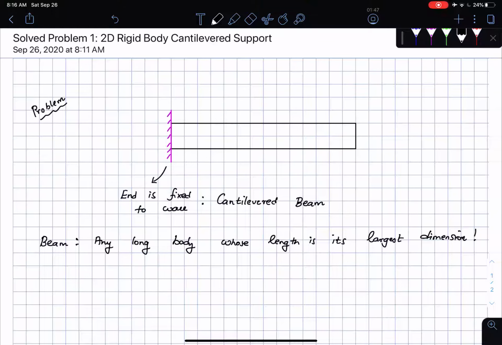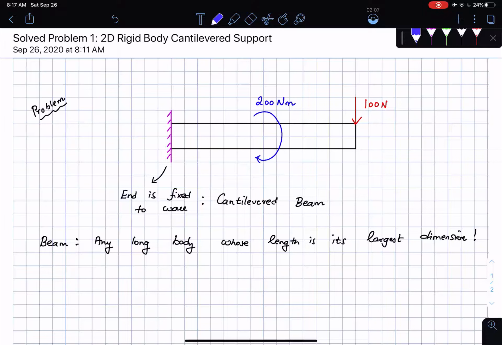So I have a force acting on this body here. Let's say there is a force whose magnitude is 100 newtons, and there is a couple moment acting on this body with a magnitude of 200 newton meters.